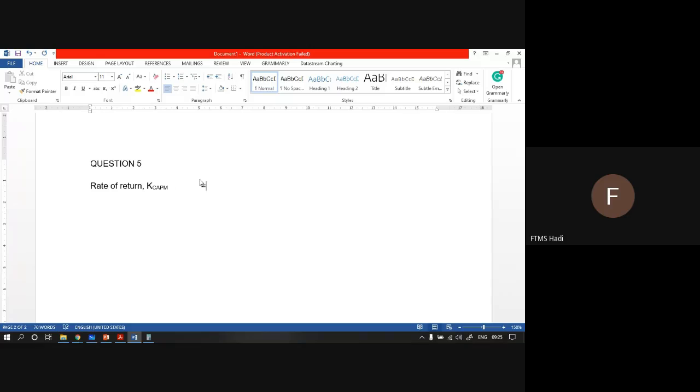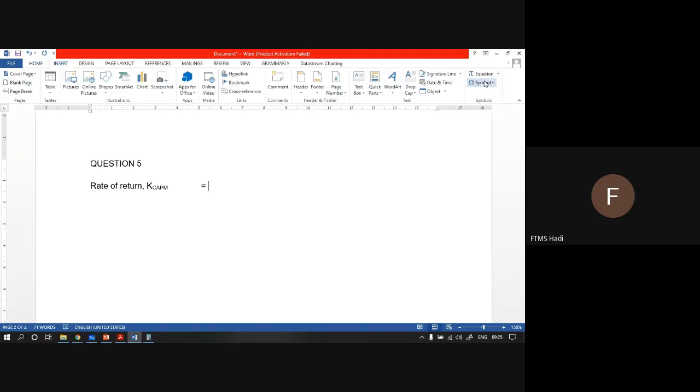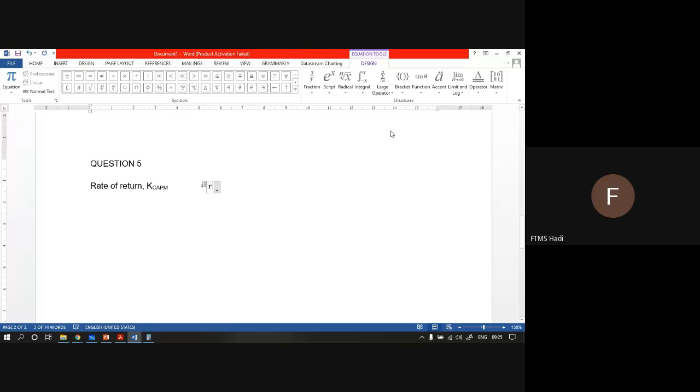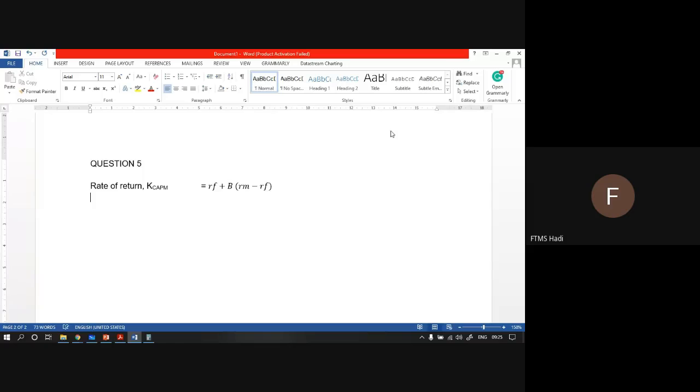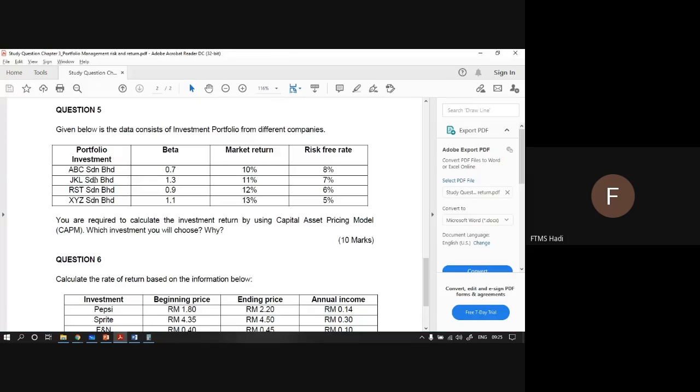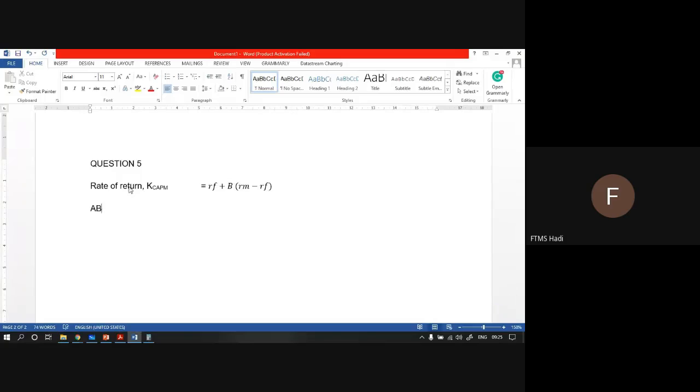So the formula will be RF plus beta, RM minus RF. Okay, go back to the question. ABC Sdn Bhd, right, put in the figures.